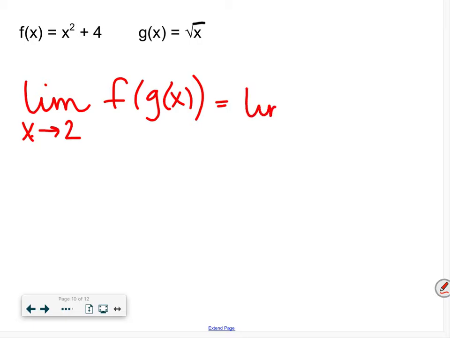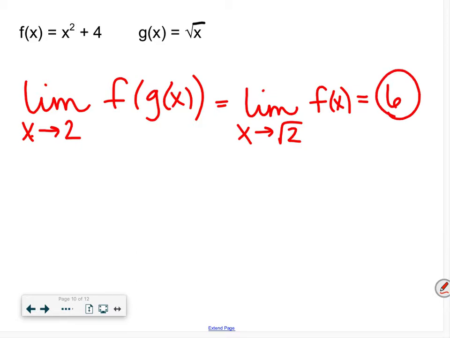So now we have the limit as x approaches radical 2 of f of x. So now we get to plug radical 2 in for f of x, which would give us 6. So we do the inside, then we use that for the outside, just like we would for evaluating.